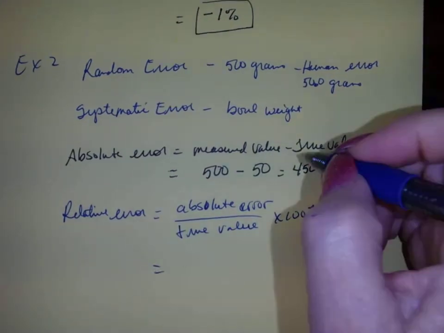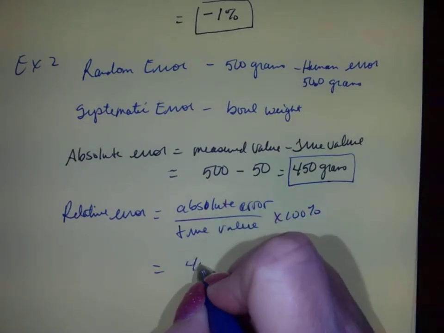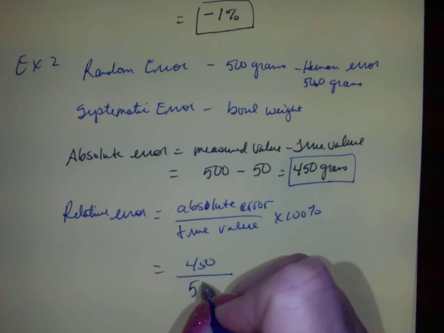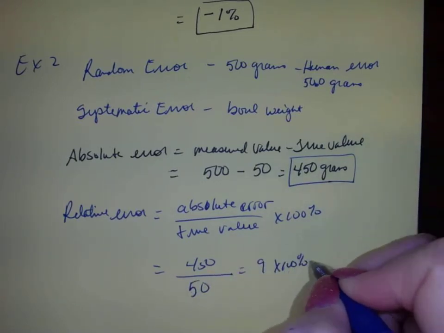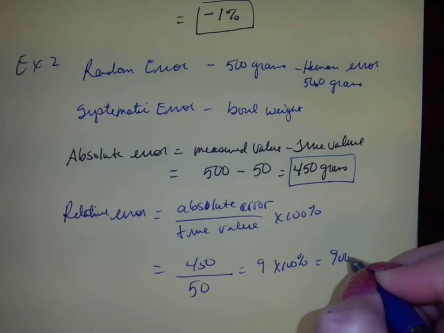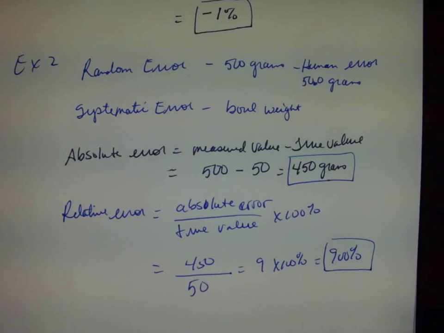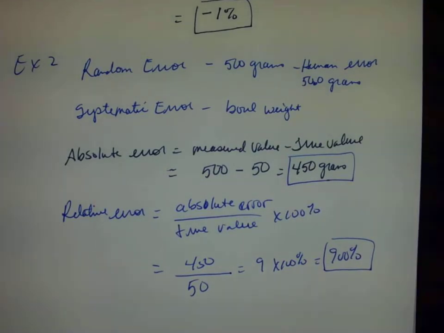All right, so our absolute error was 450 divided by the true value of 50 will get us a 9, times 100% gets us 900%. Holy shnikes, that's a big percentage, right? So in this case here, we had several things going on. So you have to always really look at what is happening with the measurements, what's happening with the whole process.